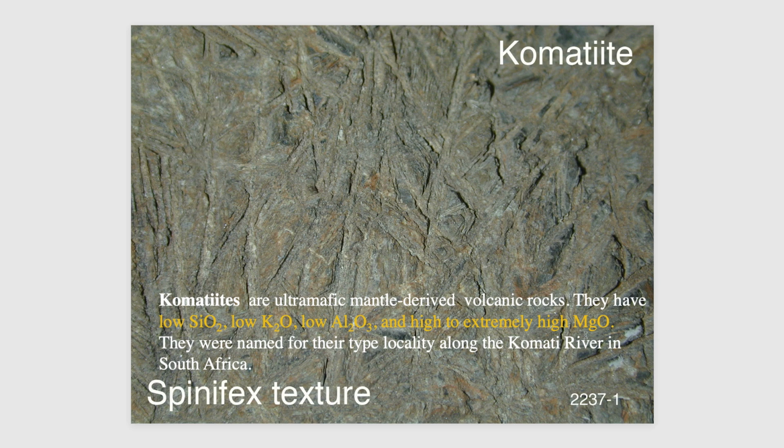Usually these magnesium-rich rocks get chloritized or serpentinized, so it's difficult to recognize easily the habit of the minerals, but you can certainly see these elongated crystals which take the particular name of spinifex texture.